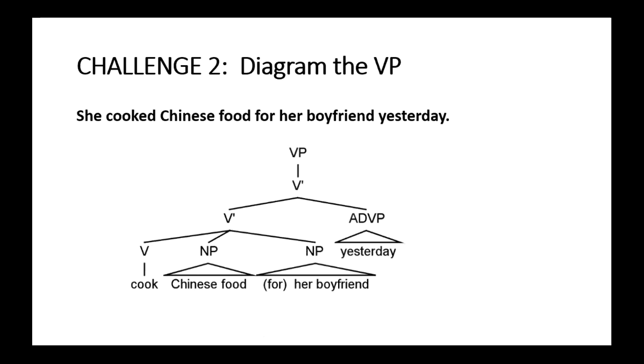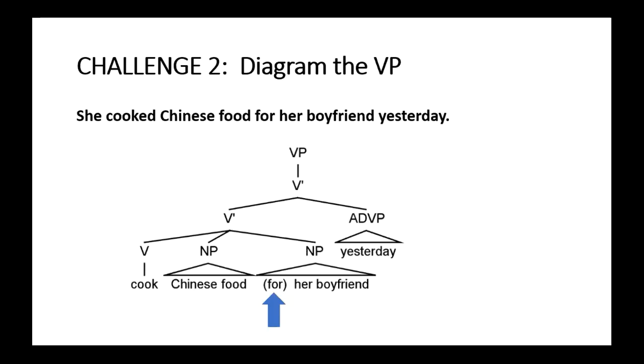All right, so in this case, we have cook Chinese food for her boyfriend. Notice that for is inserted, so we need to put that little arrow. Notice that Chinese food and her boyfriend are direct objects and indirect objects, so they should be under the first V bar. And yesterday, as we discussed last week, is considered an adverb in this case, so we should have an adverb phrase as a modifier to the V bar.